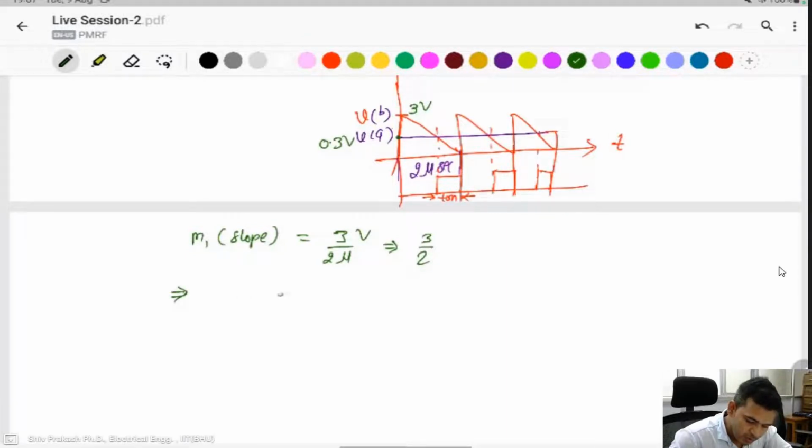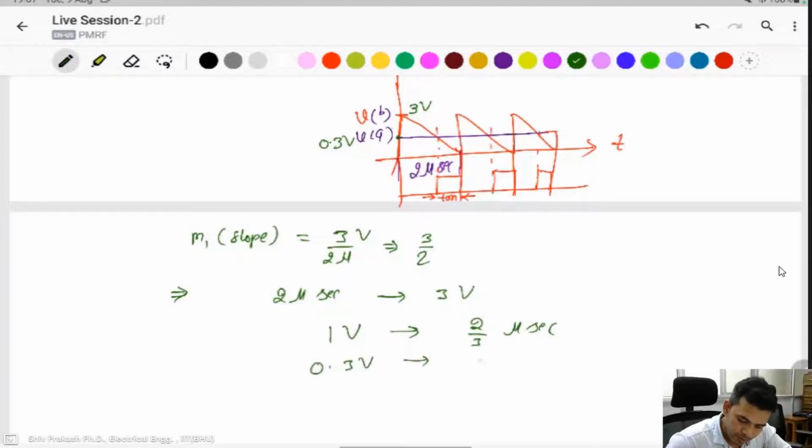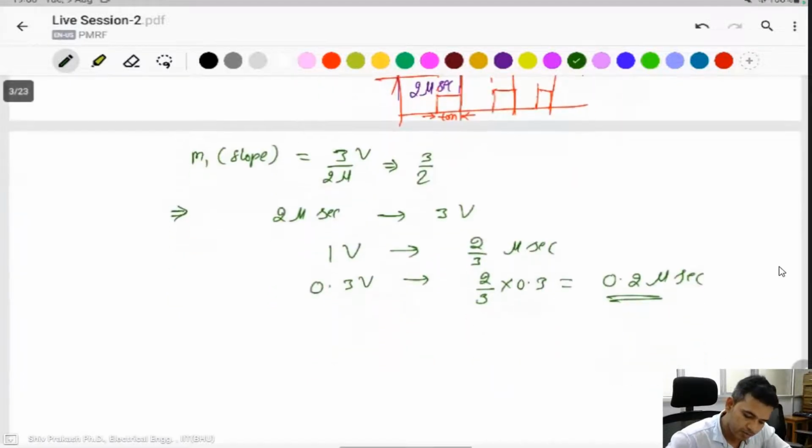We observe 2 microsecond goes to 3 volt, this is 1 volt per 2 by 3 microsecond, then for 0.3 volt, 2 by 3 into 0.3, I think 0.2 microsecond. This one is the on time. T on is equal to 0.2 microsecond.